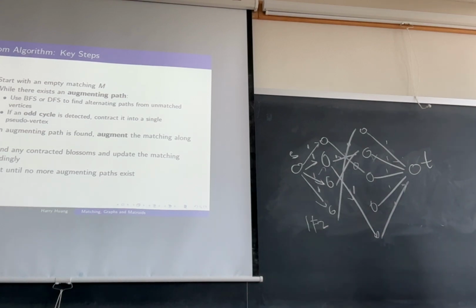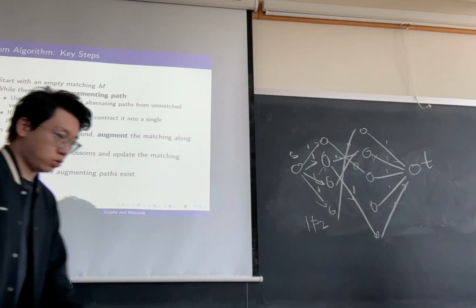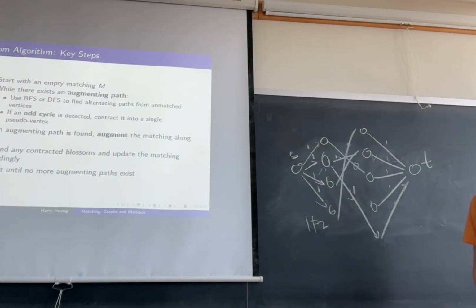And if we find an augmenting path, we can expand our current matching by augmenting it along the path we just found. So we shrink blossoms and augment our current matching, and do it until we can't find any augmenting paths. And the current M is then the maximum matching.